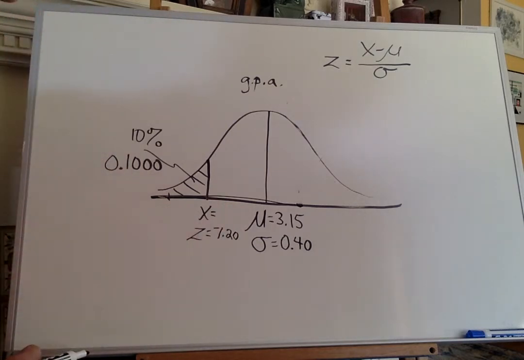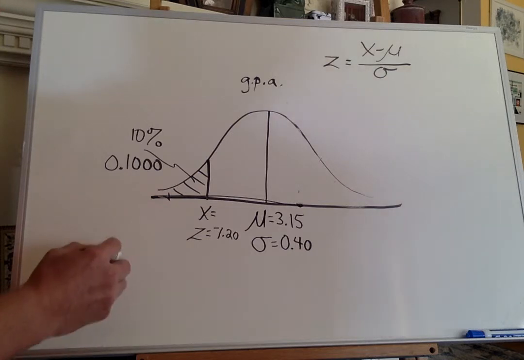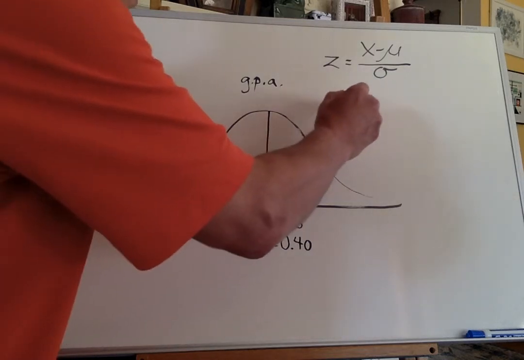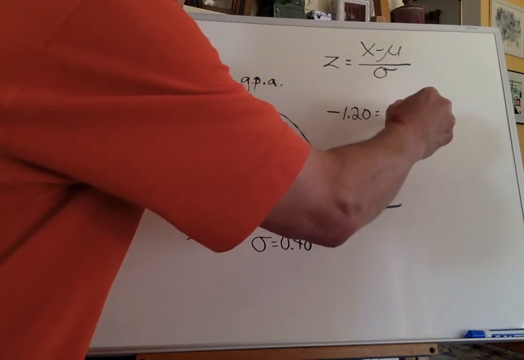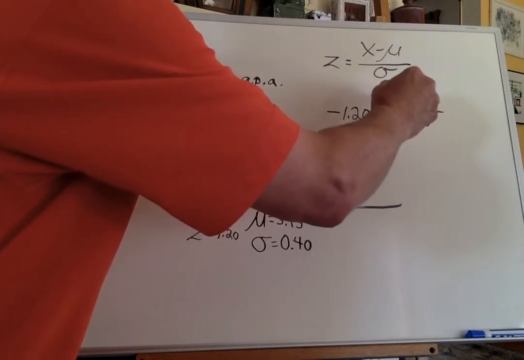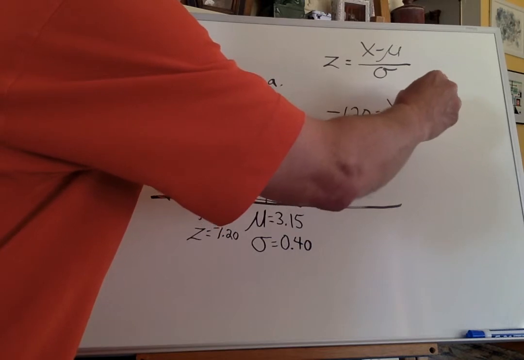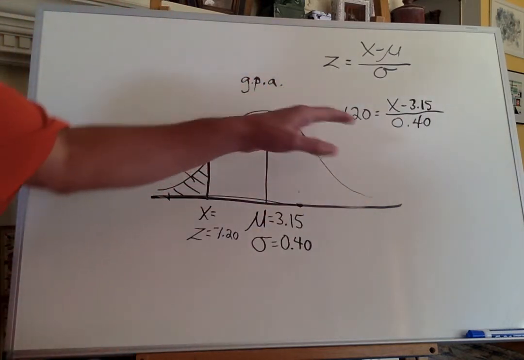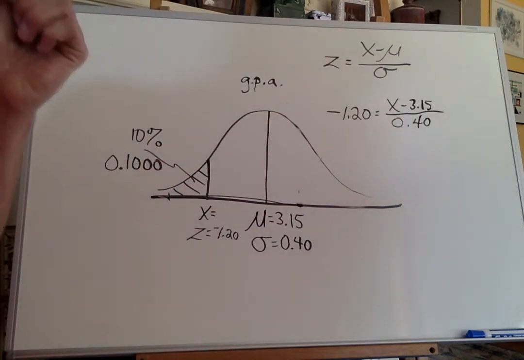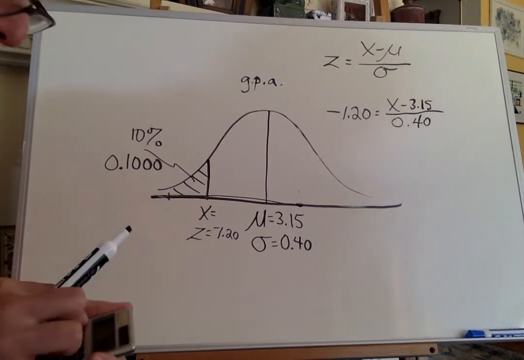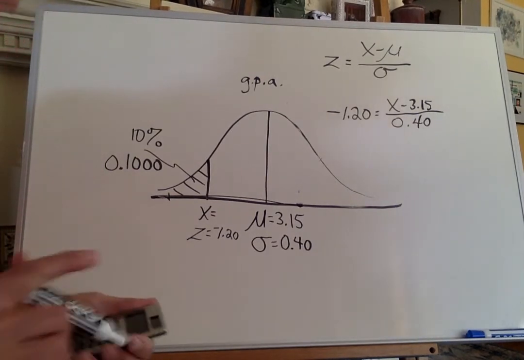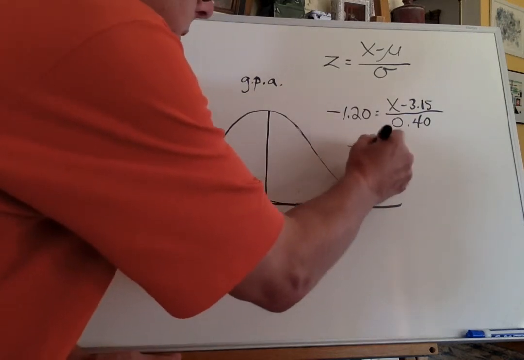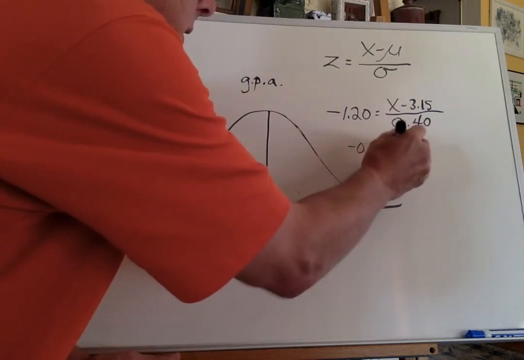Okay? Once again, I will solve for x in this case. Make sure now you pay attention to the negative, okay? So 1.2 times 0.4 equals, so it's negative 0.48, okay?